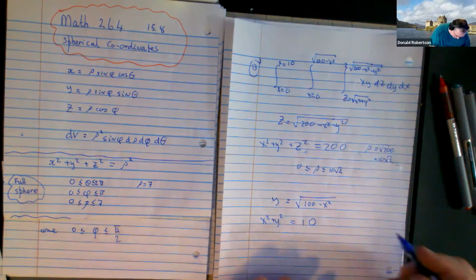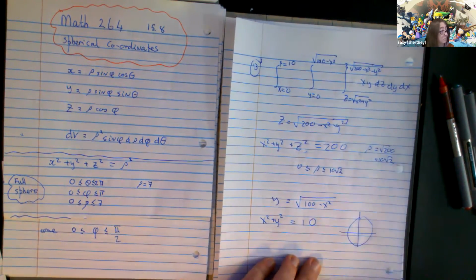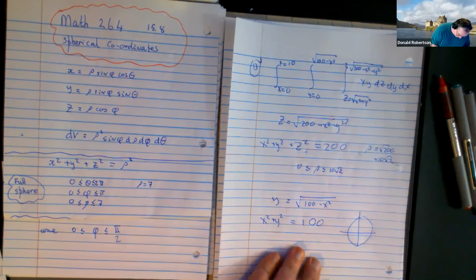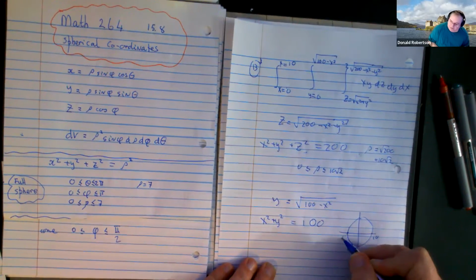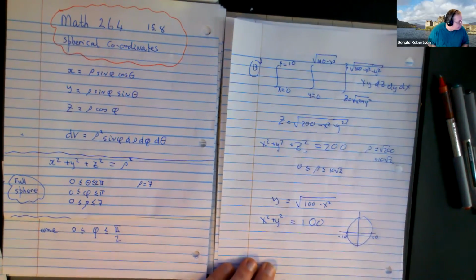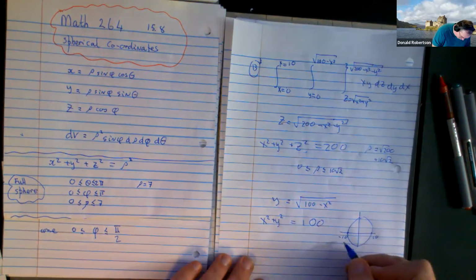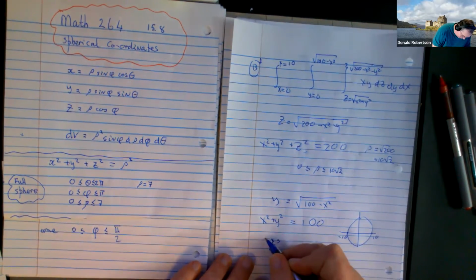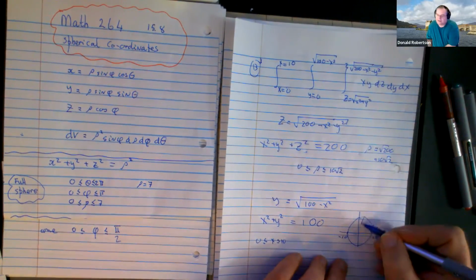Now, if I draw that, which is a circle of radius 10. Great. But when you factor in that the x value goes from 0 to 10, doesn't this now just become that guy?